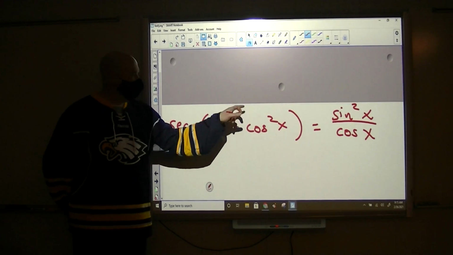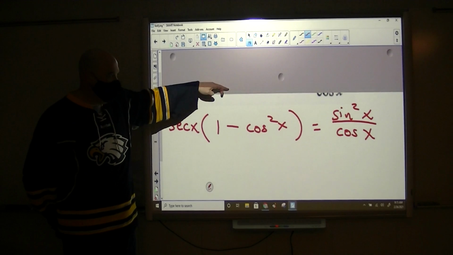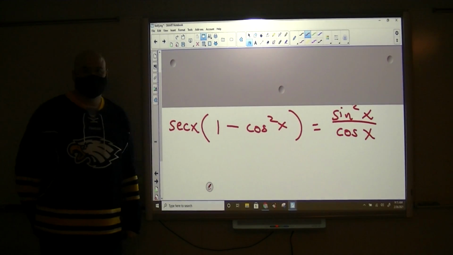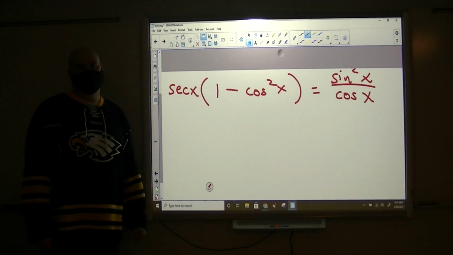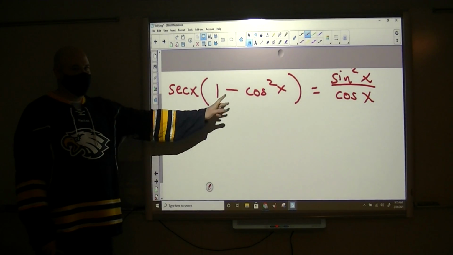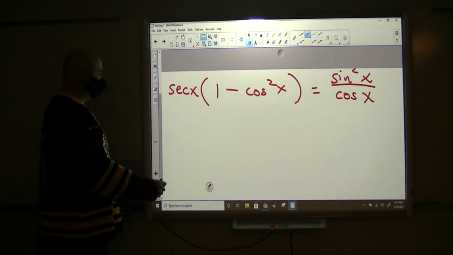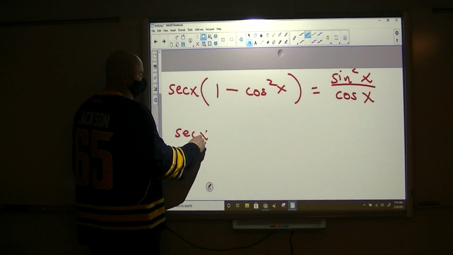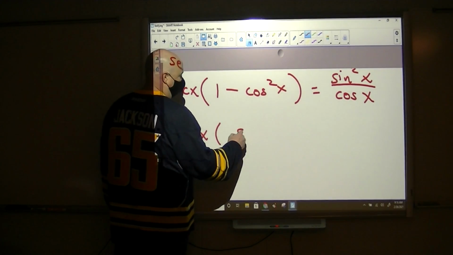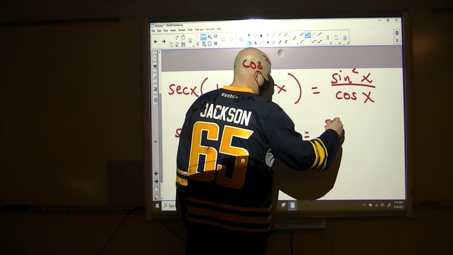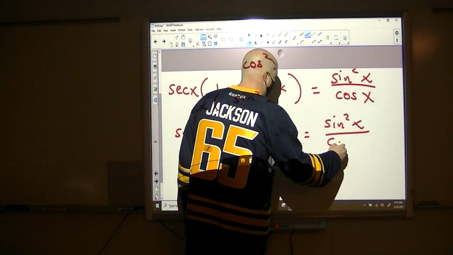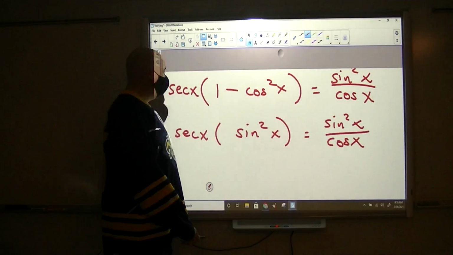It wasn't there before, but now it's right there. It's begging for you to get rid of it. And we already did this earlier today, so I'm just going to lean on that. 1 minus cosine squared is sine squared. Now look at where we're at.